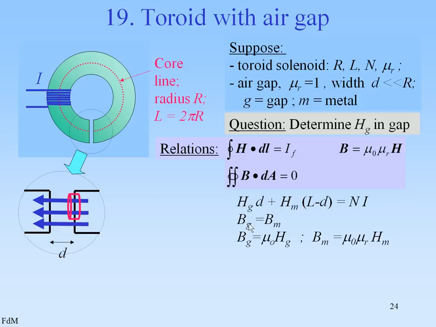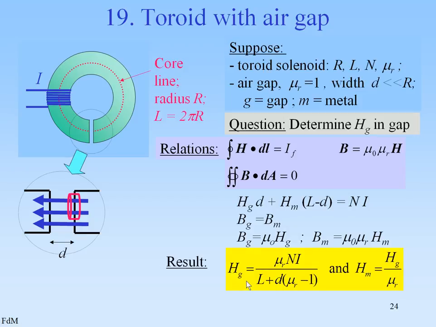The Gauss box delivers us Bg is Bm, normal on the surface. So Bg is given by mu naught times Hg, and Bm is given by mu naught mu R times Hm. Now we have enough to calculate the result. Hg is mu R times the total current, N times I, over L plus D times mu R minus 1, and Hm is given here.